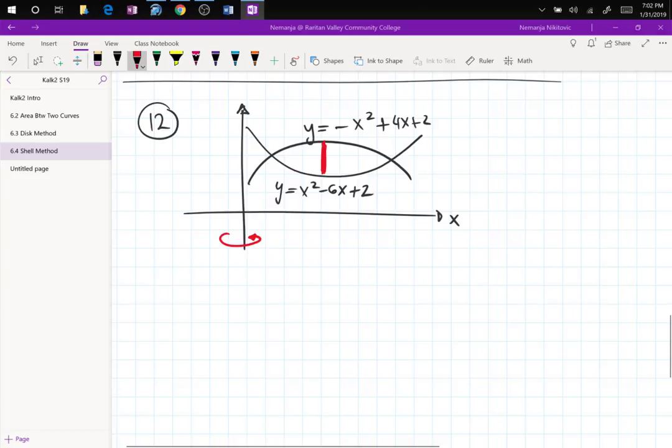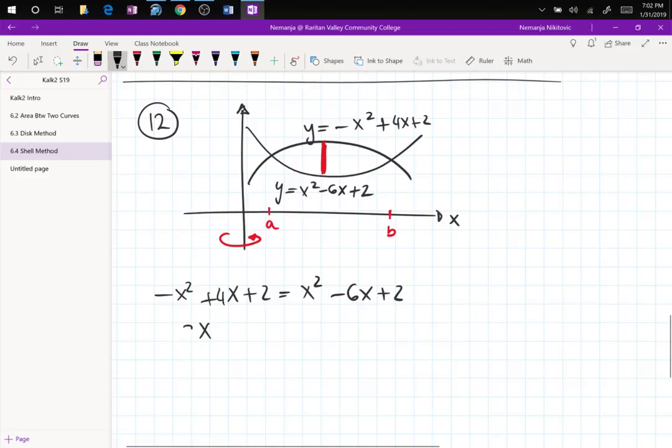All right, let's take a look at this problem together. First order of business is to find A and B, which would be our limits of integration. For that, I'm going to equal two functions. So, negative x squared plus 4x plus 2 is equal to x squared minus 6x plus 2.